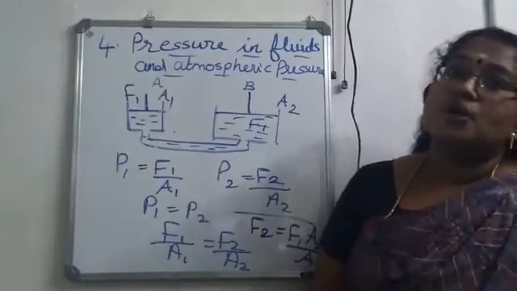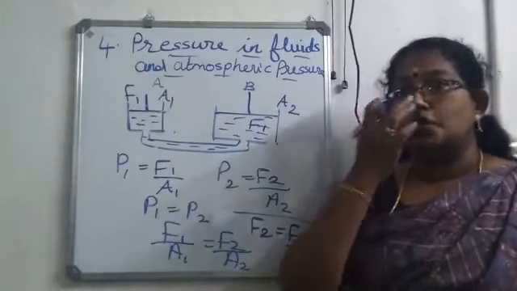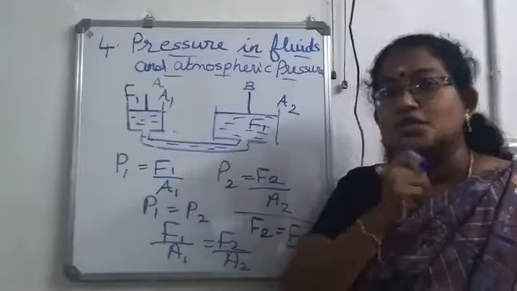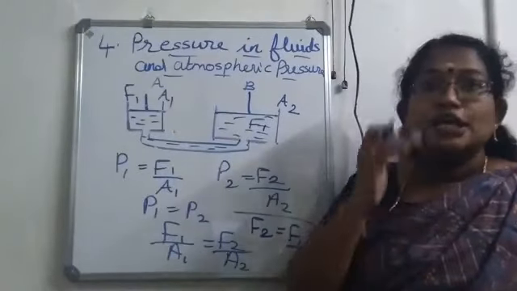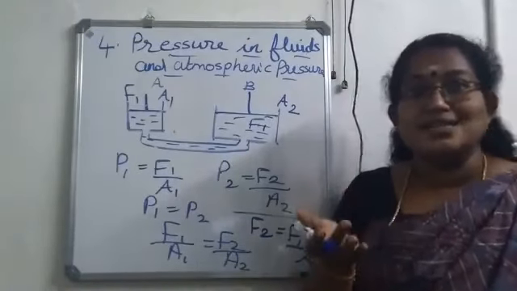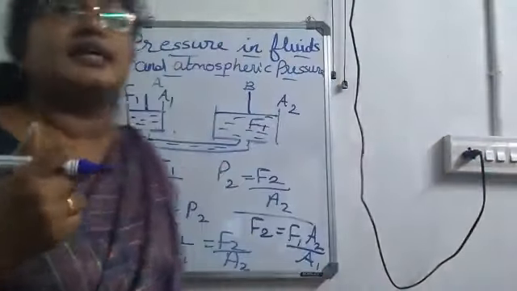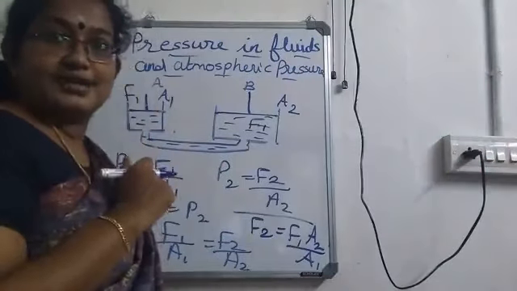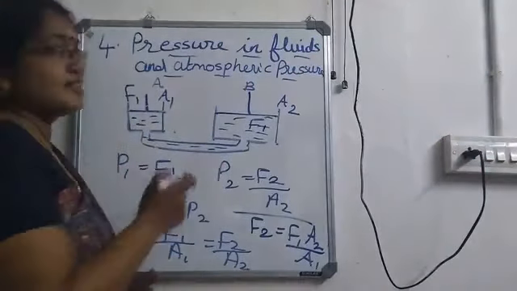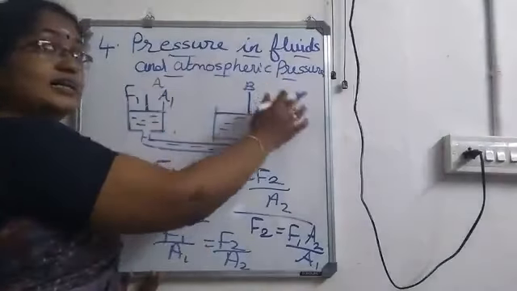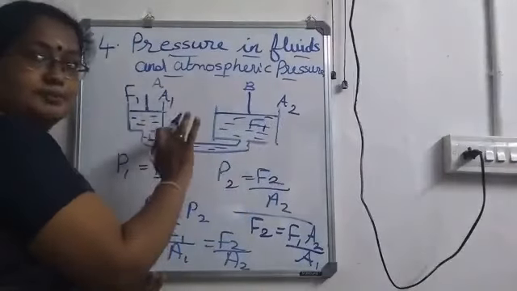Then hydraulic jack. In workshops and all you can see the hydraulic jack. What is the use of a hydraulic jack? In order to lift the vehicles, isn't it? Do you know how it works? It also consists of such a system.